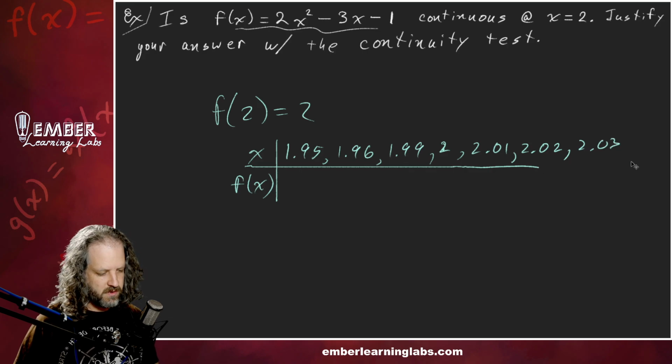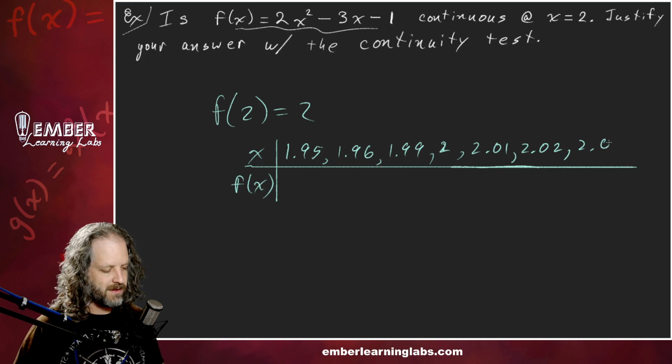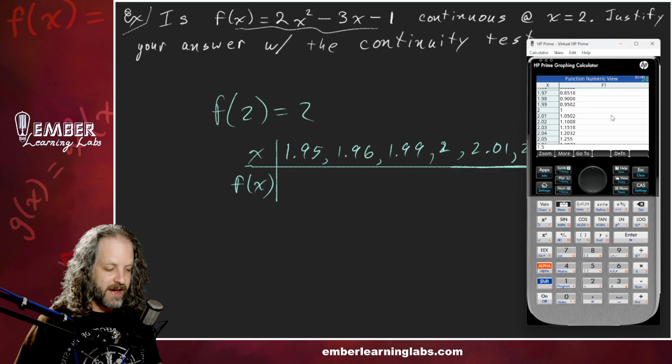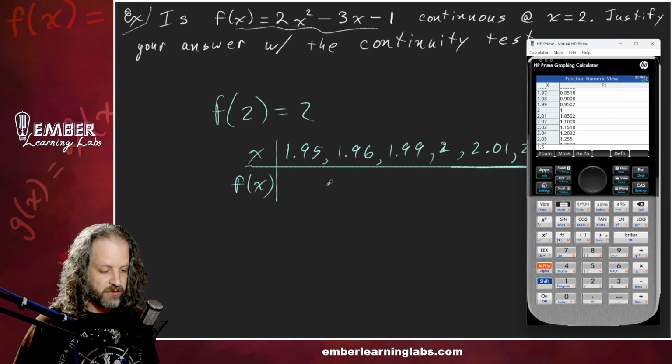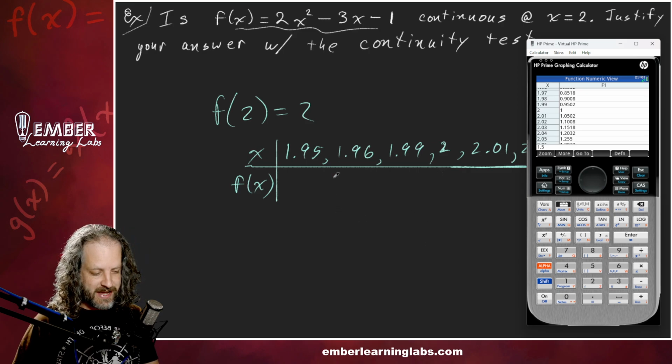I can do better than that. I can use my ruler. And then you could go in and put in those values to show that it's getting closer and closer to that number. So it is approaching that, and it is that.